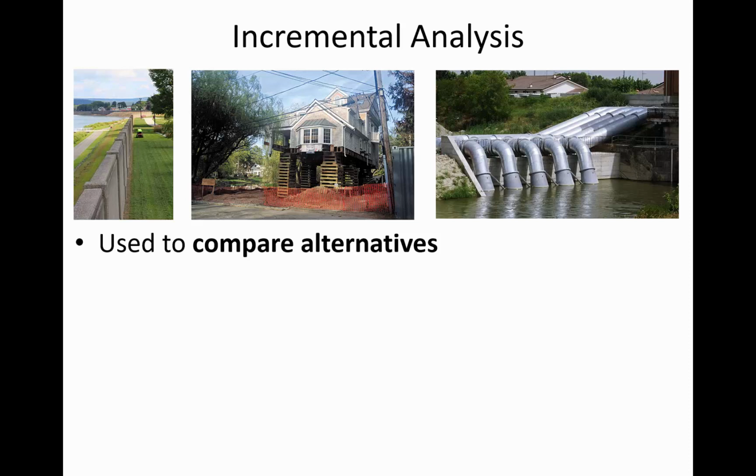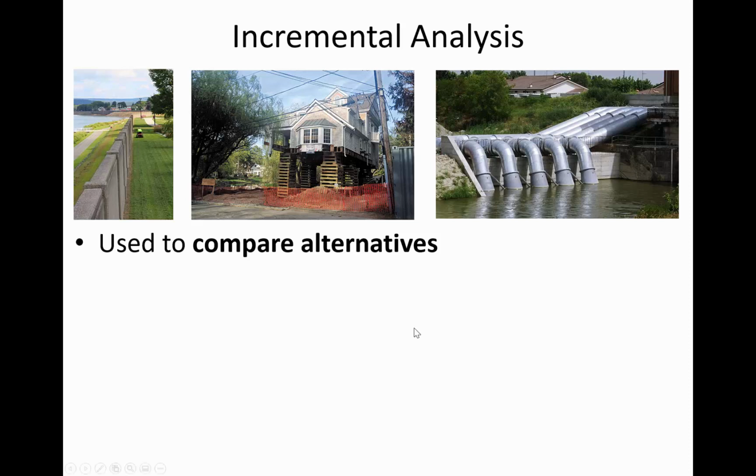Now, in the case of public works projects, where we're evaluating them by the B2C method, our multiple alternatives decision criteria is keep spending money as long as the benefits are greater than the costs. And specifically, I mean, as long as the incremental benefits are greater than the incremental cost.